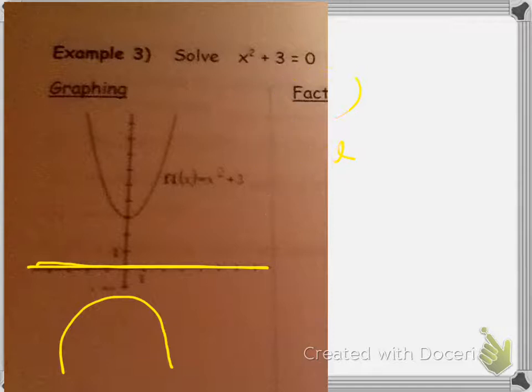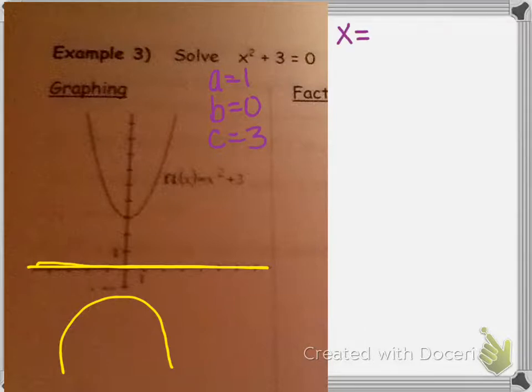So let's see if I can fit quadratic formula in this nice little space over here. What are your bets? Probably not. Okay, so a is 1. b is missing, so it's 0, and c is 3.